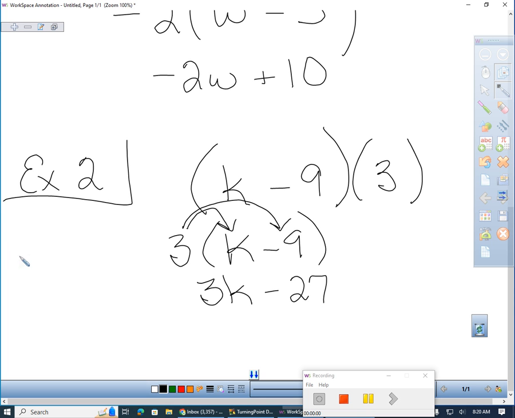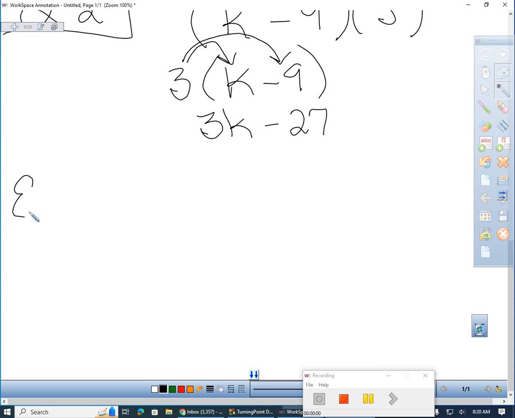All right, let's get a little bit tougher. So, example number 3. All of these are examples from your section numbers 10 through 24.